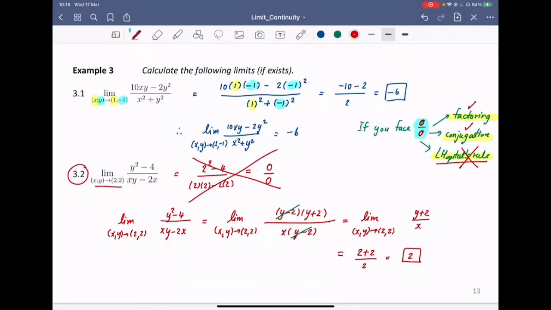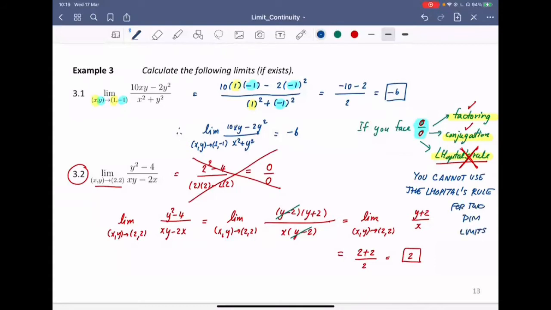I have a question in the chat. Our friend asked how to differentiate if both x and y are present. As I told you, when I say there's no L'Hopital rule here, that means you cannot use the L'Hopital rule for 2 dimension limits.